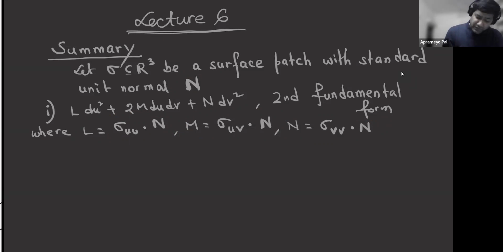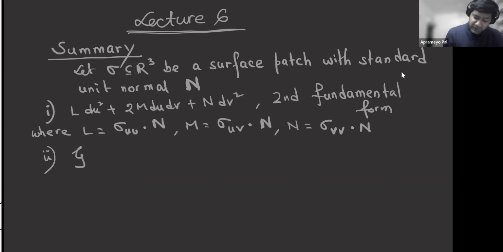Then in the next lecture, we found another equivalent definition. I am repeating this many times: we approach the same concept in different ways and somehow arrive at the same concept.